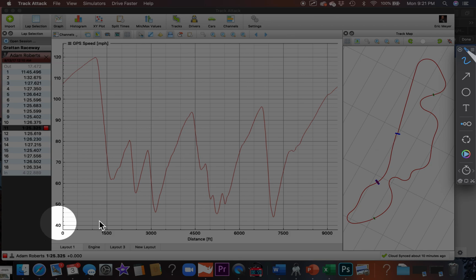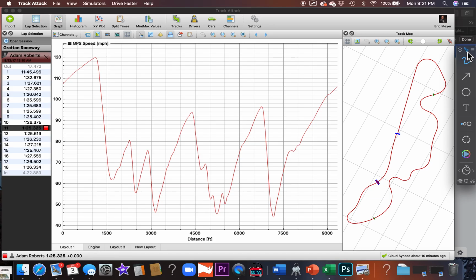This graph or this trace or this box right here has 2 axes. This one is vertical, and this is horizontal. And the industry standard for this is the horizontal axis is in distance, with 0 being here and an increasing number here.